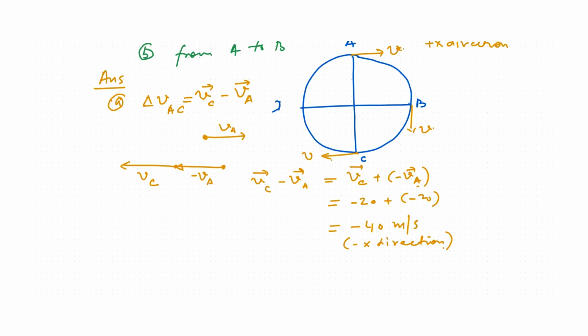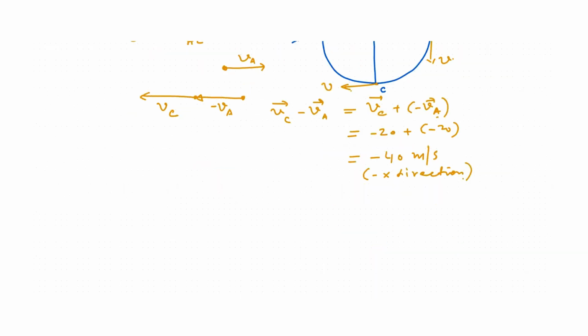Okay. So let's now think of the solution of (b). In (b), what have we been asked? We have been asked the change from A to B. That means we are interested in delta V from A to B, we can write AB.